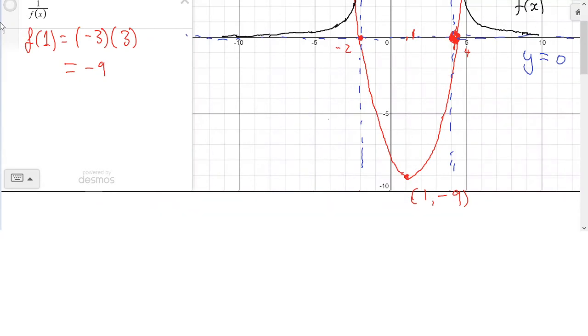One thing to remember: wherever our original function has a maximum, our reciprocal has a minimum, and vice versa. So here we've got a minimum, so our reciprocal must have a maximum. f of x has a value of -9 at its minimum. So the maximum of the other one must be 1 over that, which is 1 over -9, so minus a ninth. So a very small number. We can just draw it in here.